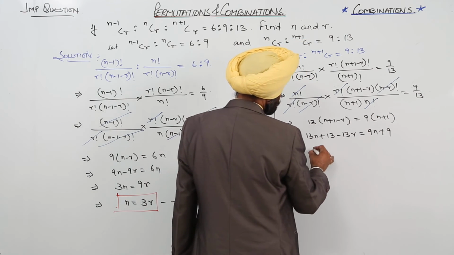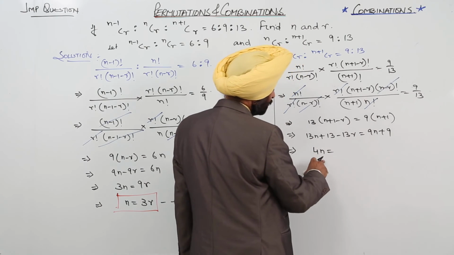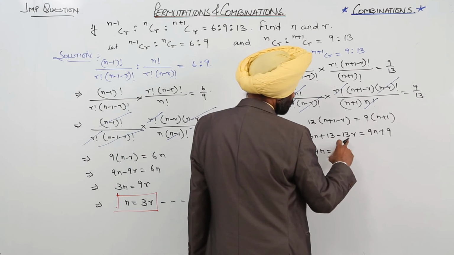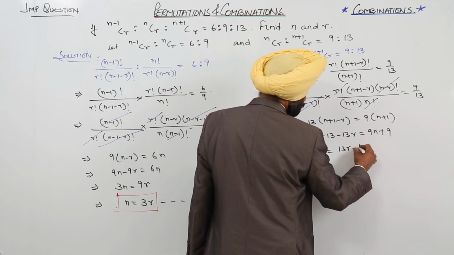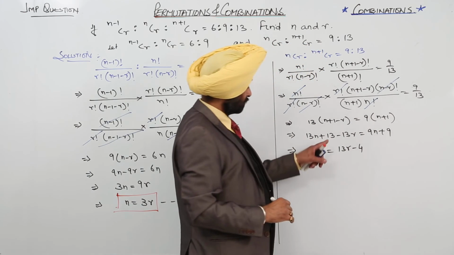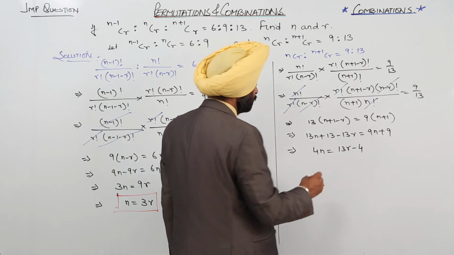Now this becomes 4n is equal to, 9n comes to this side, 4n is equal to 13r minus 4, since 13 goes that side and 9 minus 13 is negative 4.